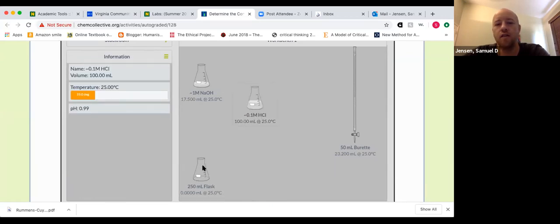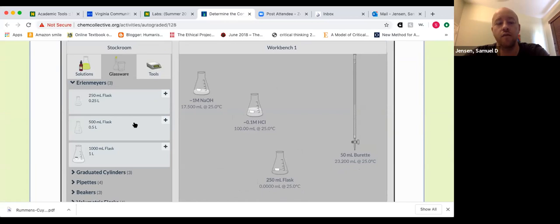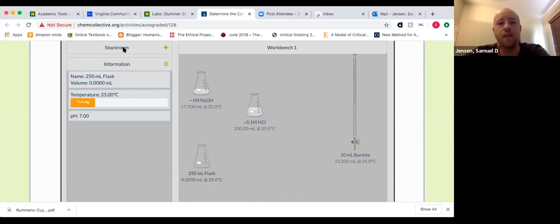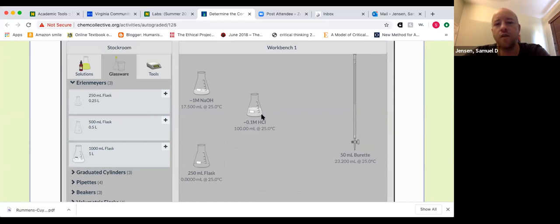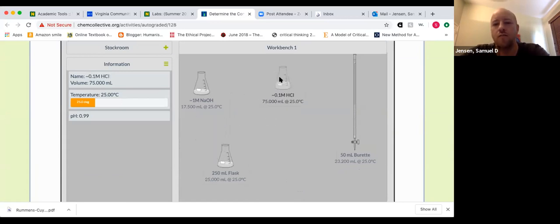Now, again, this is one of those things where from the solutions lab that we did, I griped on people about their procedure, in that it doesn't quite work this way of taking this sample and just pouring it over here. Yes, virtually I can just do this and have it do 25 milliliters, but in the real world, you can't just pour into a flask and get 25 milliliters.